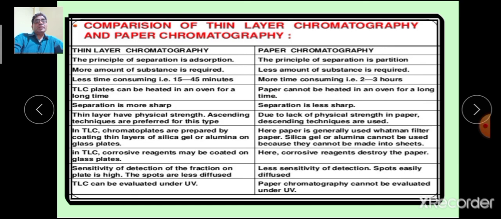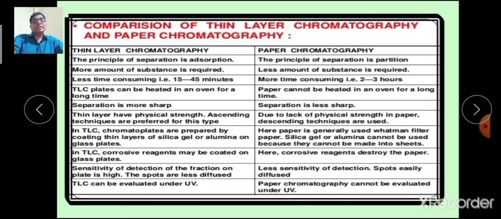In TLC, the plate has physical strength, while due to lack of physical strength in paper, descending techniques are used, while in TLC, the ascending technique is used.